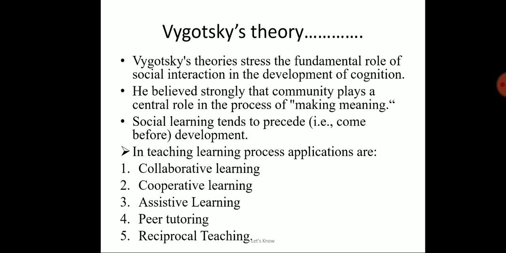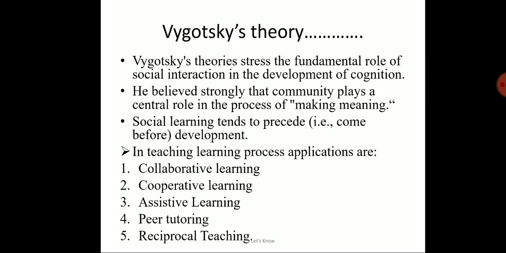Okay. How can we apply this in our teaching learning process? Here you see, first of all, collaborative learning, learning by collaboration. Second, learning by cooperation. Third, assistive learning, that means assistance or help in the learning process. Peer tutor means learning by tutoring by his peer groups.